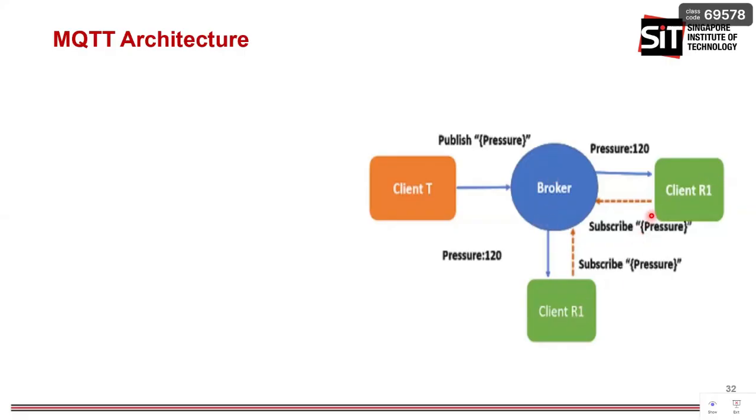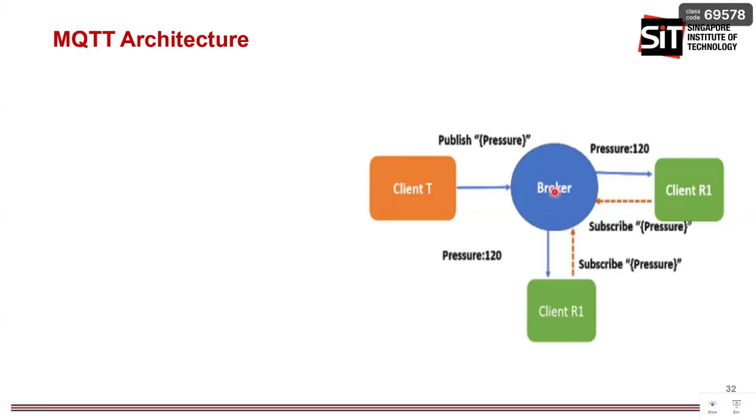For clients, just like you and me, if we would like to listen or tune into FM 95, then we set our radio to tune to 95 megahertz. When we do that tuning, this is equivalent to subscribing to that channel. All right, so in this case, we are subscribing to the topic pressure so that the broker will know we are interested parties wanting to get updated.